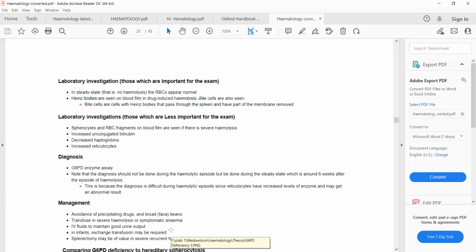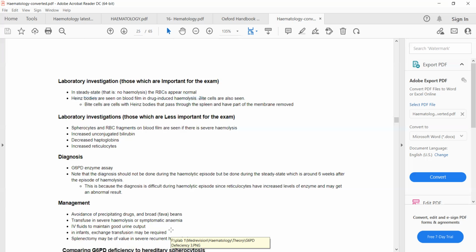Now some points about the management of G6PD deficiency. First of all, we will avoid what? Can you please repeat for the unconjugated bilirubin how it is raised? Bilirubin is conjugated in the liver, and the liver has a limited capacity to conjugate bilirubin because the enzymes required for conjugation are also in limited quantity.